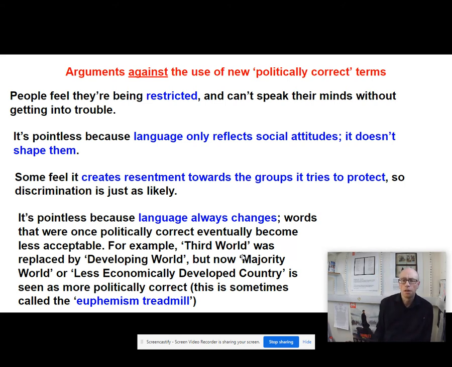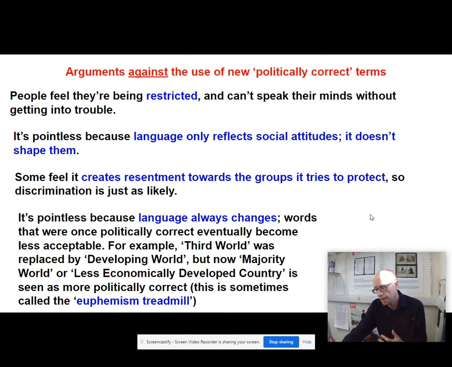It used to be underdeveloped, and then that was considered to be disrespectful to groups of countries. So then it became third world, and then third world was replaced by developing world, and then it was replaced by something like majority world. So this is what linguists call the euphemism treadmill, that actually all you're doing is changing the labels to describe these things. You're not actually changing the way that people feel about them.